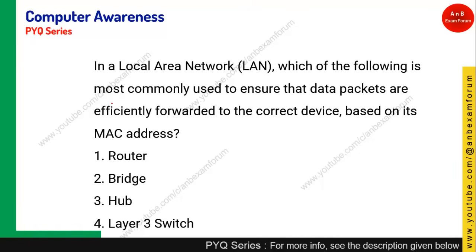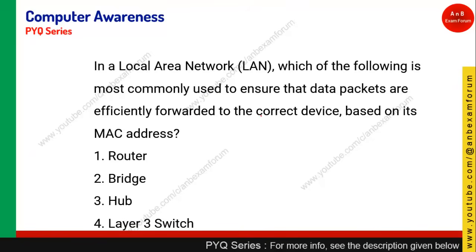Let's see the next question. It is from the networking chapter, and the question says, in LAN, which of the following is most commonly used to ensure data packets are forwarded to the correct device based on MAC address? Based on MAC address, that is very important.